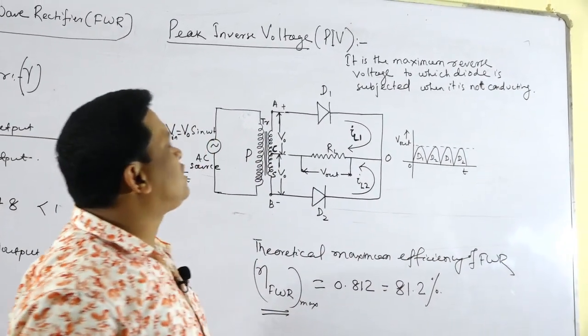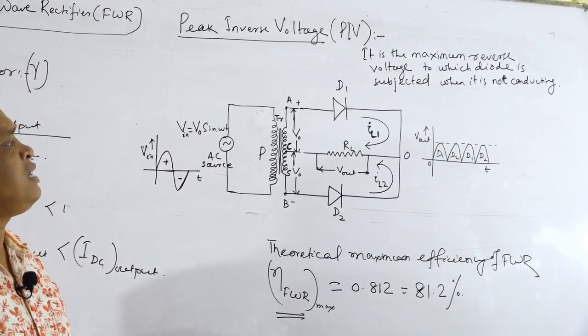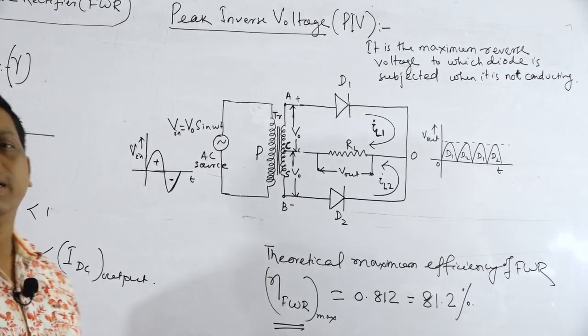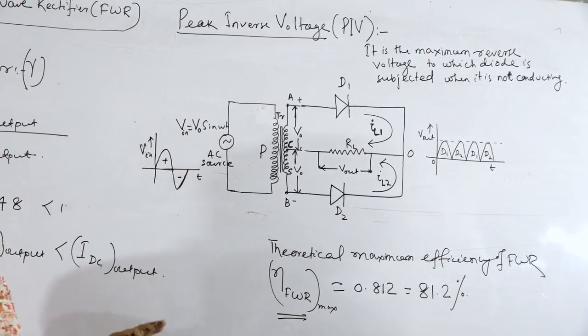So, the maximum reverse voltage to which a diode is subjected when it is not conducting is known as peak inverse voltage.